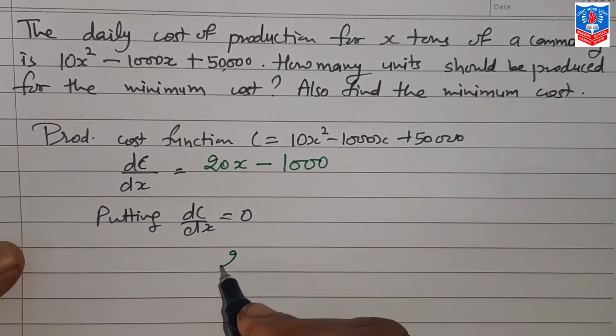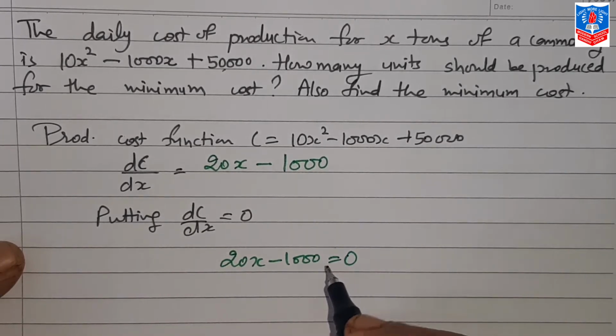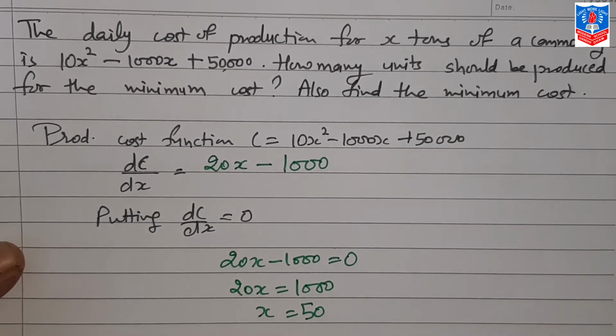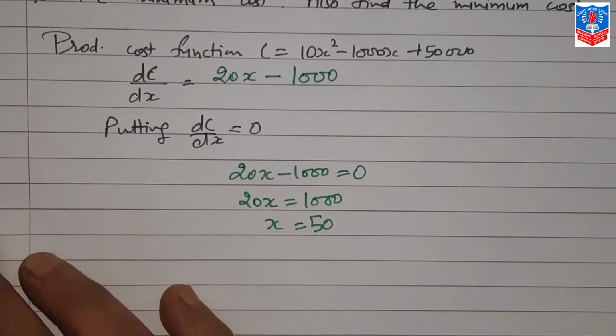So this is 20x minus 1000, that is dC/dx, equal to 0. Now we keep the x term on one side and the other value on the other side. So this will be minus 1000; if we take it to that side, it will be plus 1000. So the value of x will be 1000 divided by 20, which is 50. So here the value of x is 50.